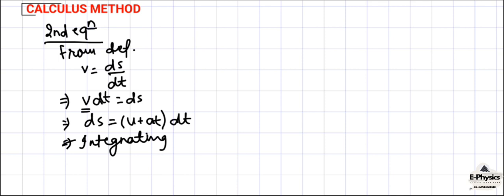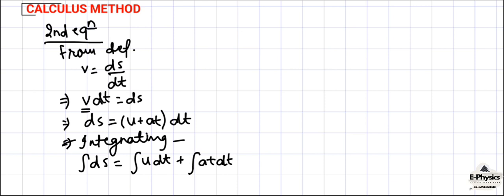So now if we write it after integrating both sides, we get integration of ds is equal to integration of u dt plus integration of a t dt. Now let us put the limits as well.